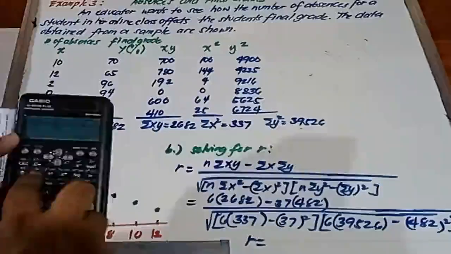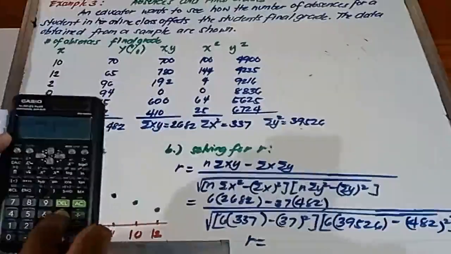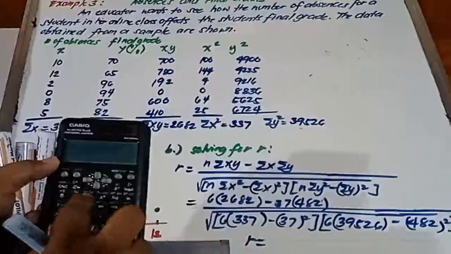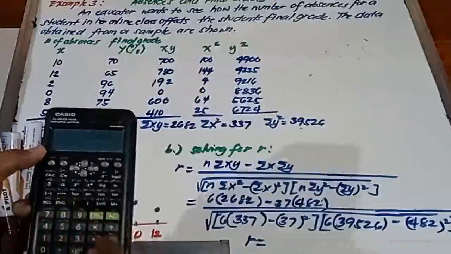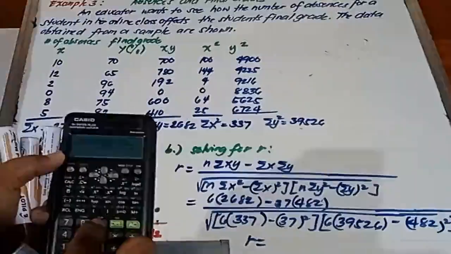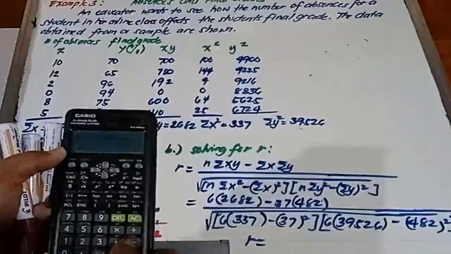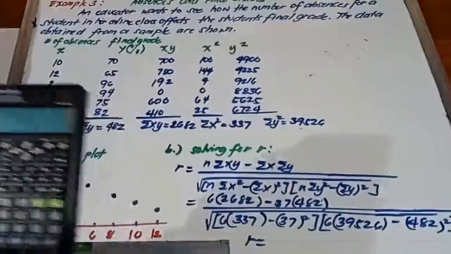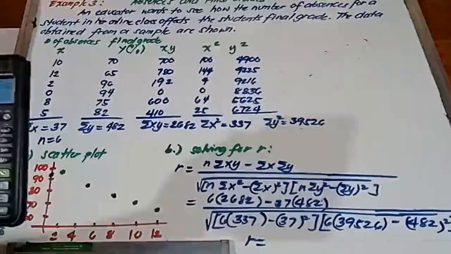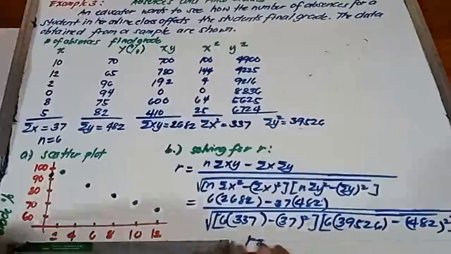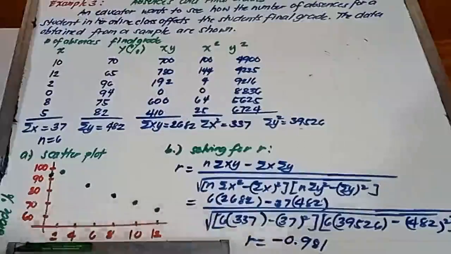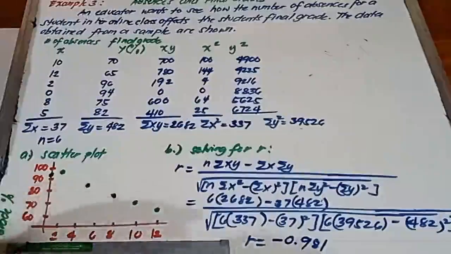Sa baba, square root of quantity 6 times 337 minus 37 squared, close parenthesis, times 6 times 39526 minus 482 squared, close parenthesis, equals, answer is negative 0.981. Okay, negative 0.981. Okay, so nakuha na natin yung r.